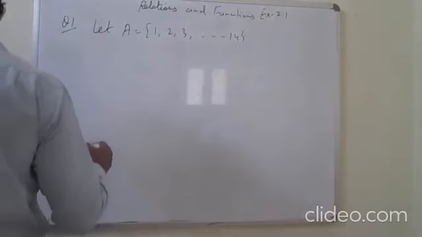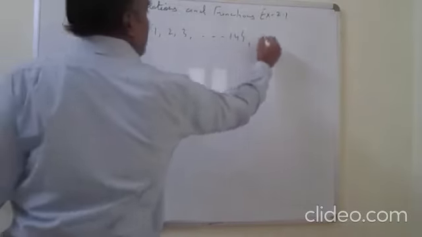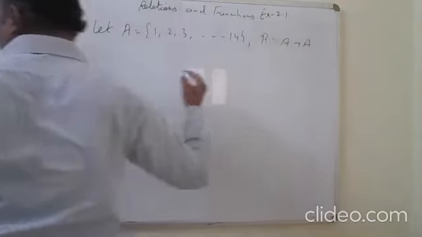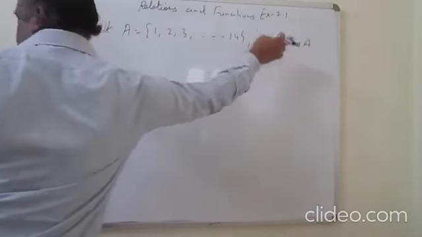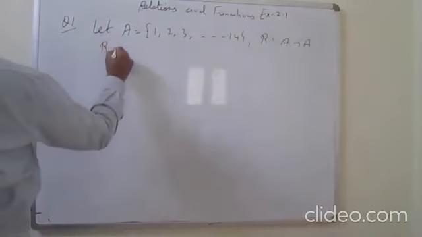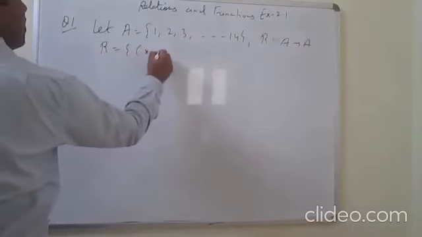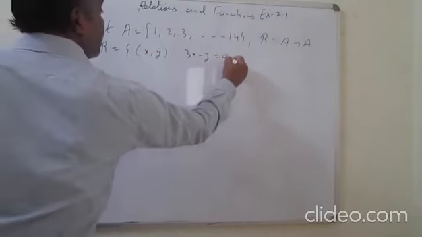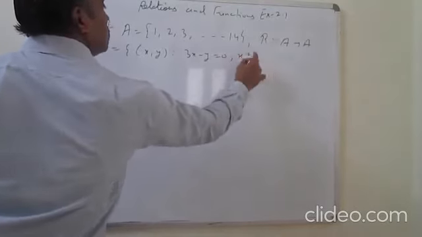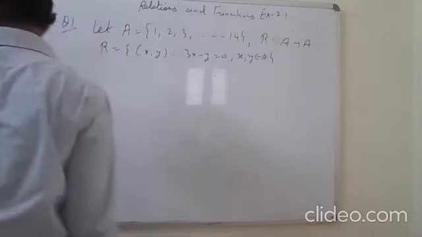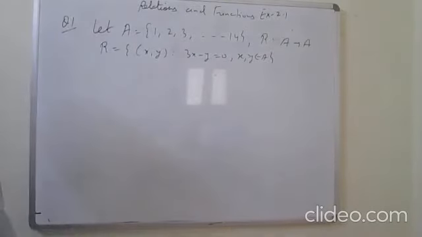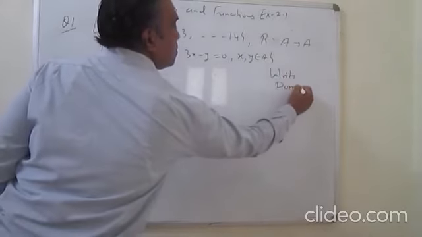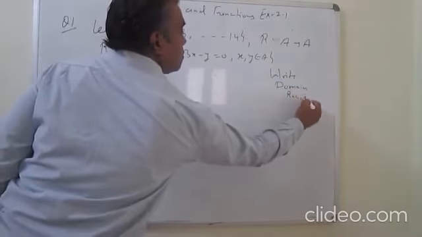Define a relation R from A to A. Set A is A and set B is also A. By R = {(x, y) : 3x - y = 0, where x, y belong to A}. Write the domain, codomain and range.